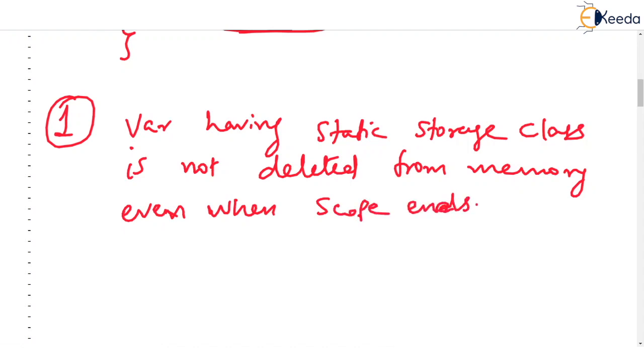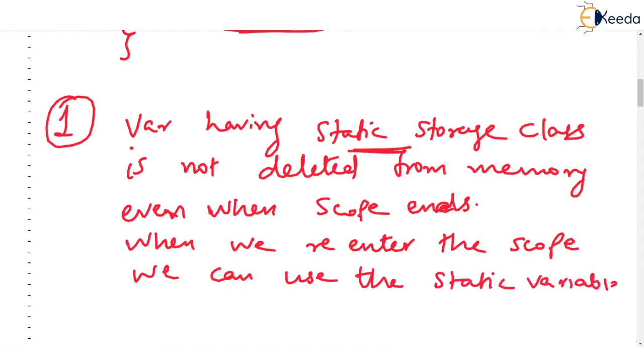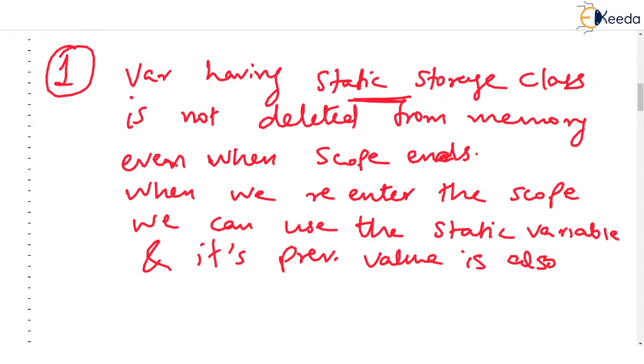So when we re-enter the scope in which that static variable is declared, we can use the static variable and its previous value. Previous value is also available, isn't it? Because the value was also restored. This is the first point we saw about static storage class.